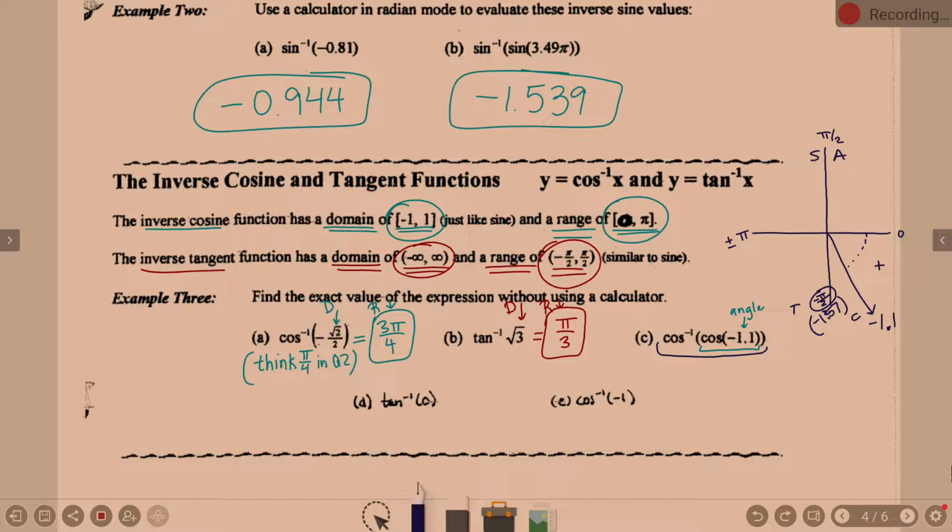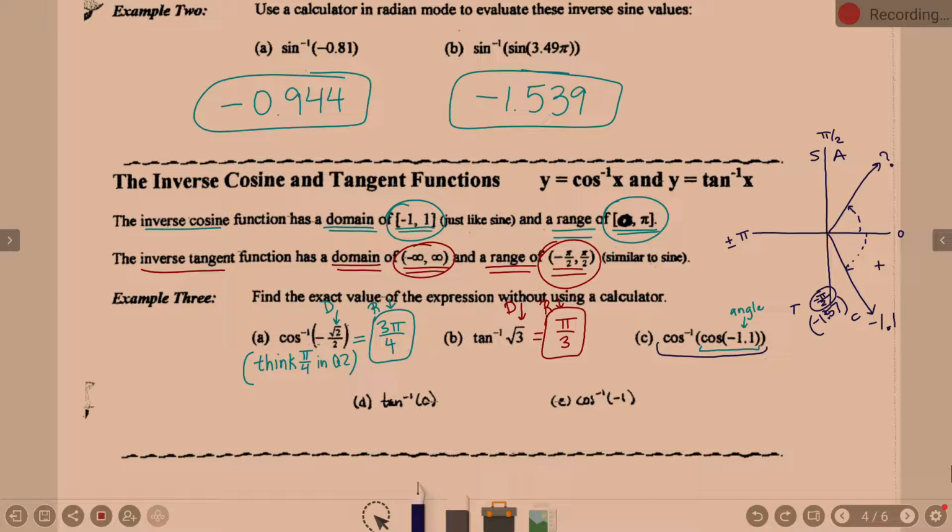Quadrant 1. So since this is quadrant 1, we want to know what is the equivalent angle up here in the positive quadrant. Down here, it was negative 1.1. What is the equivalent angle up above in quadrant 1? If I went down 1.1 to get to this angle, what do I do to get to the angle up here?